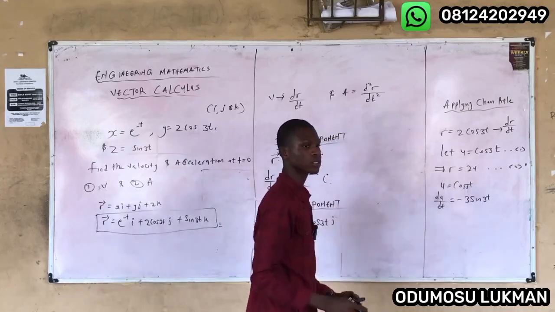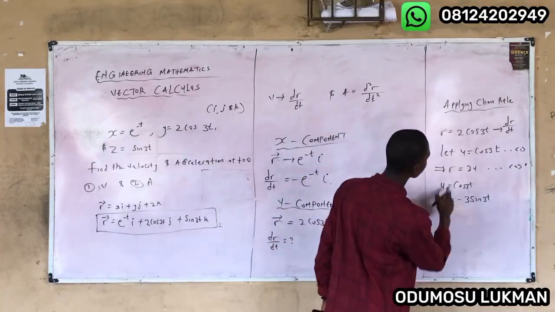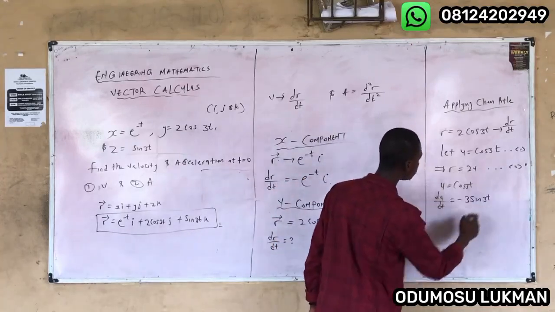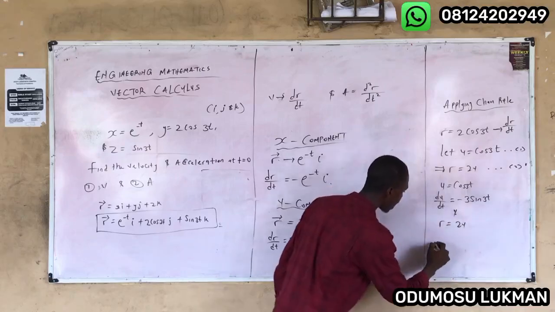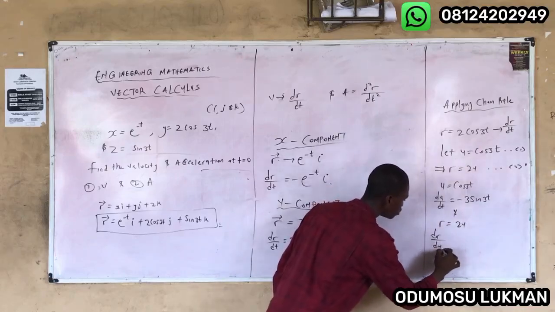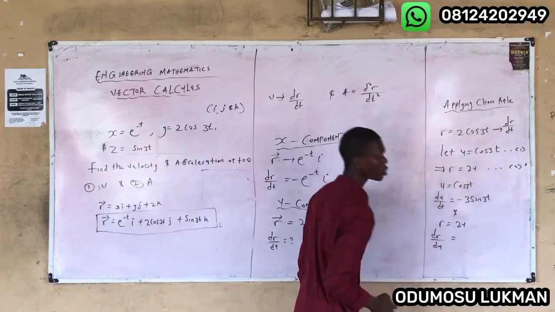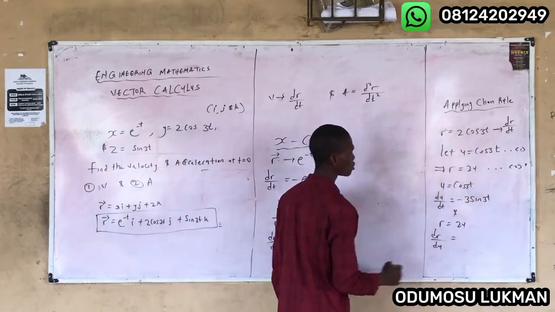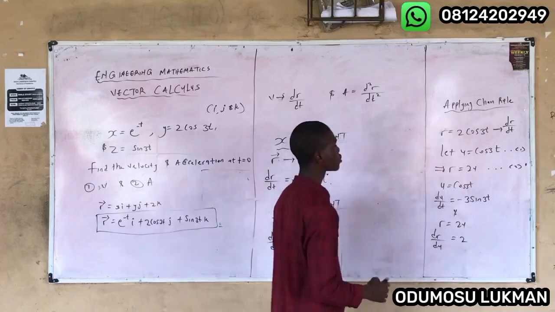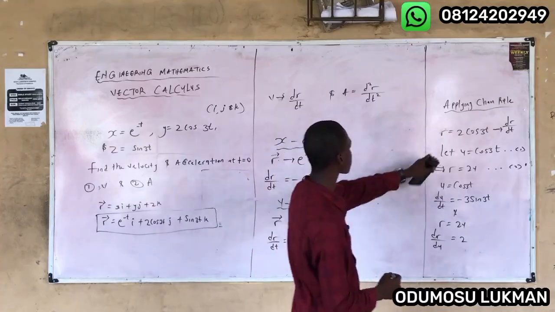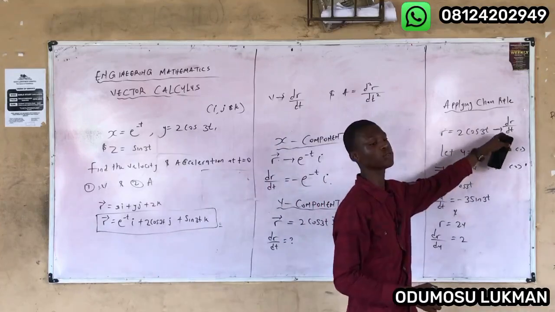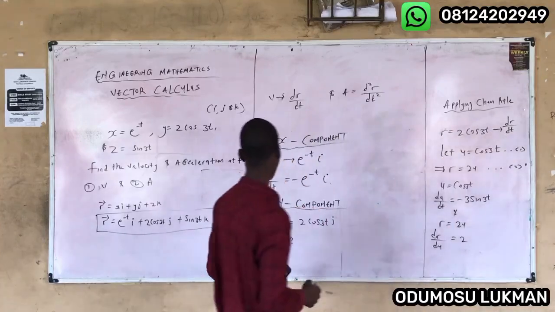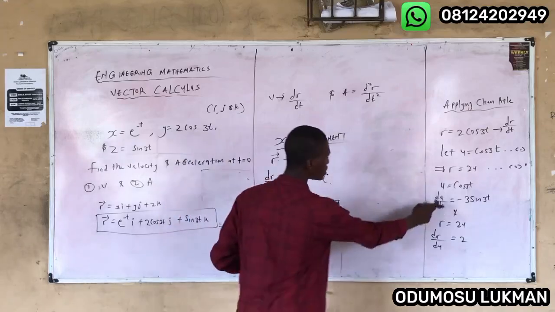Any question on that? Okay. From r equals 2u, dr/du is equal to 2. So therefore, to get dr/dt, our interest initially, it will be the product of this times this.